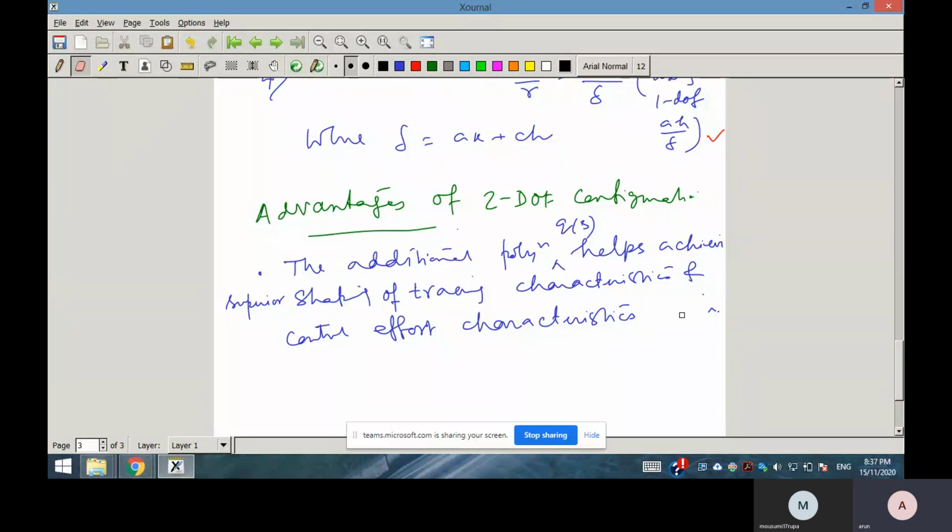Okay, so because of control effort characteristics, with the same delta.